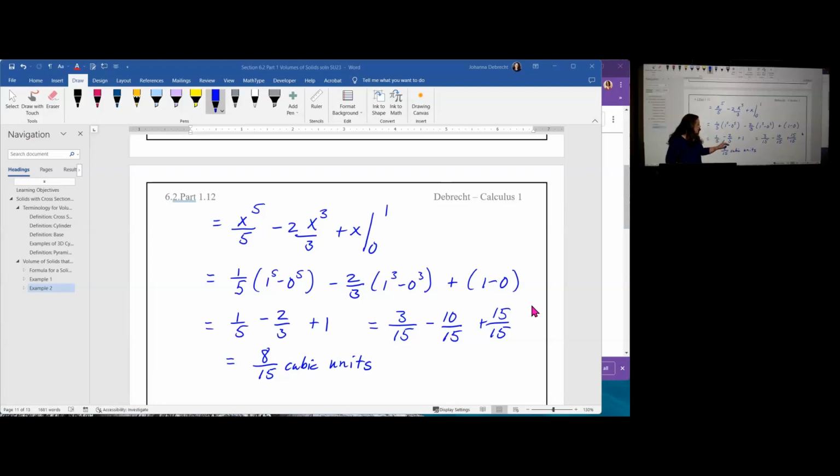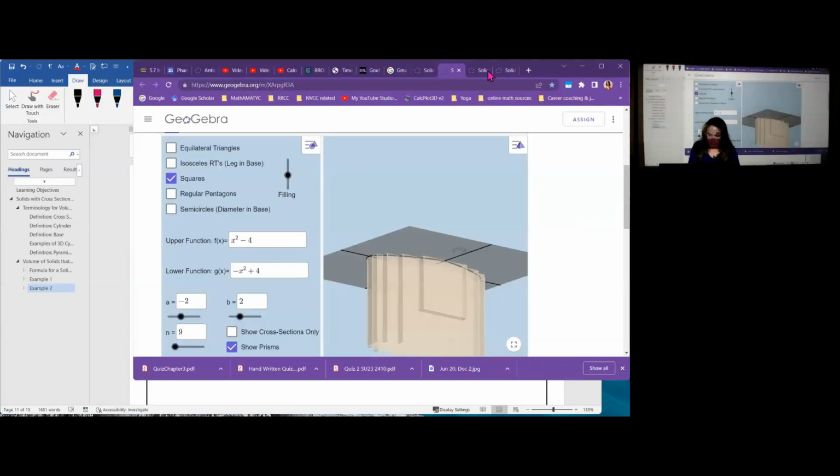This gives me 1/5 minus 2/3 plus 1, which comes out to be 8/15 cubic units. In other words, a cube, 1 unit on each side, and this is 8/15, which is about half of that. That's the volume of that solid. Let's take a look at that solid in more detail.